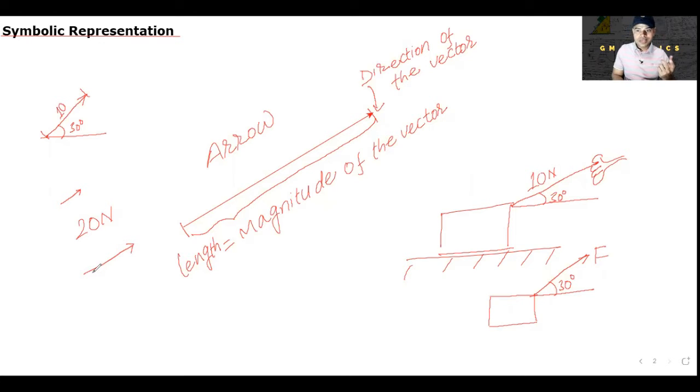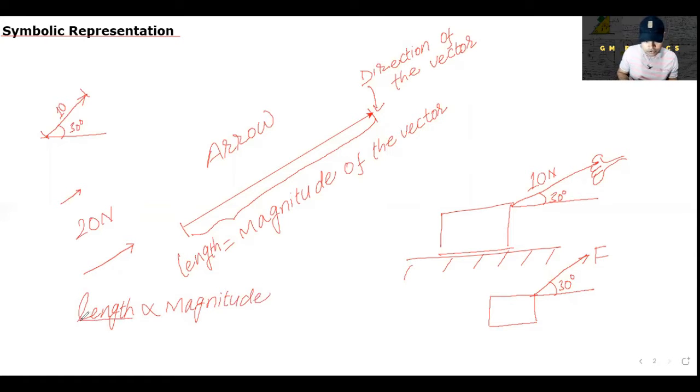I have chosen 1 centimeter equal to 10 newtons. So for 20 newtons, I'll be drawing an arrow of 2 centimeter length, but it is not required. In all practical purposes, we are not required to do that. But conceptually, the length of the arrow is directly proportional to the magnitude of the vector.